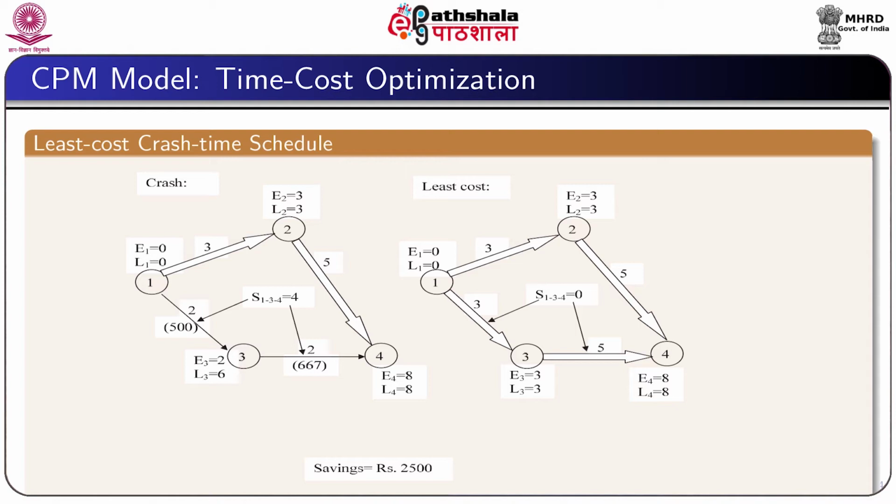For every week expansion of the activity 1-3, we can save 500 rupees, and for every week expansion of the activity 3-4, we can save 667 rupees.